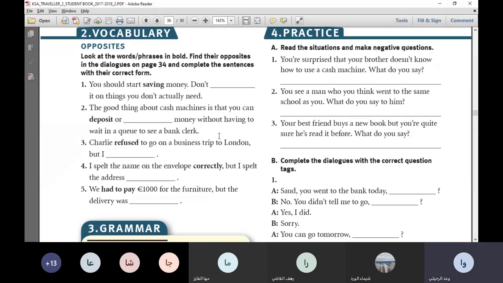For example, we have here deposit, and the opposite of it is withdraw. So maybe I will give you the word withdraw and ask you, what is the opposite of withdraw: deposit, refuse, accept, or another word. So you need to study both of them, not only the words in the blank, also the words in bold.